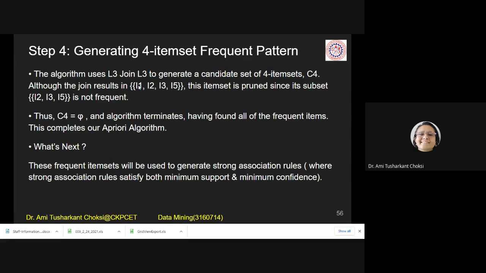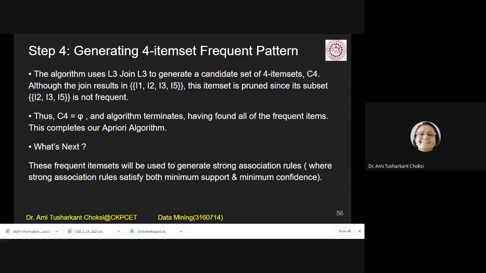Since it does not satisfy the a priori property, the C4 candidate set for four item sets is equal to the empty set. So we cannot proceed further. So all the items have been considered for the a priori algorithm.